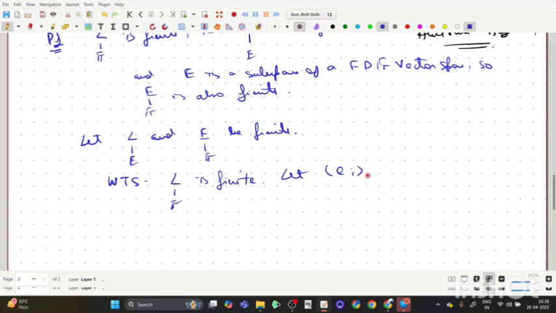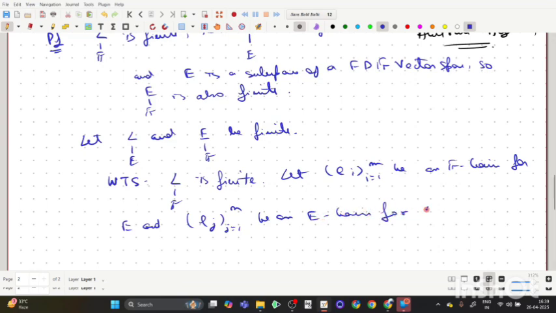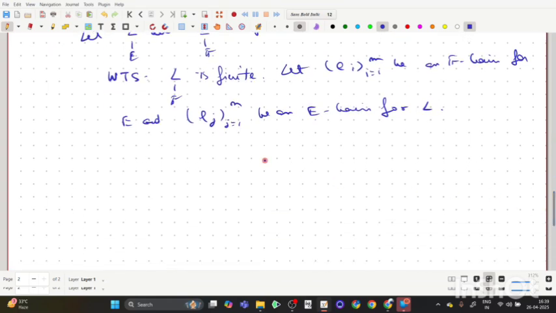Let e_i, let's say i equals 1 to m, be an F basis for E, and let's say l_j, j equals 1 to, let's say, n, be an E basis for L. Okay, we can do this now. So what do we need to show? We need to show that L over F is a finite dimensional vector space. Therefore, if I am able to construct a basis of L as an F vector space, then we are good to go. Right?